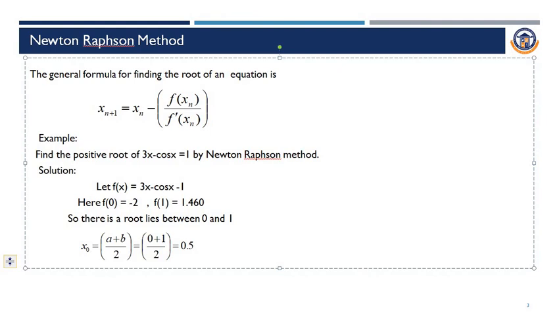Now I am going to find where the root lies for this equation. So I can substitute x equal to 0 and x equal to 1 like that, until the two values have opposite signs. When I substitute x equal to 0, this becomes 3 into 0 minus cos 0 minus 1. Therefore the value is minus 2.